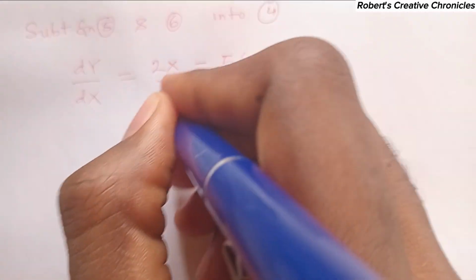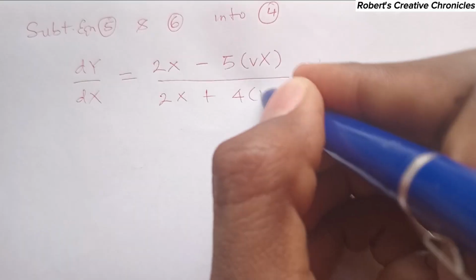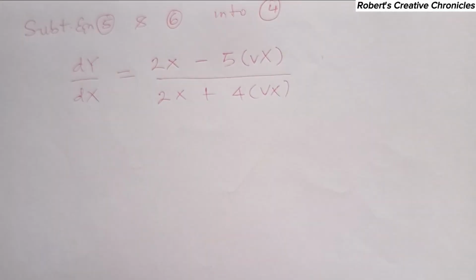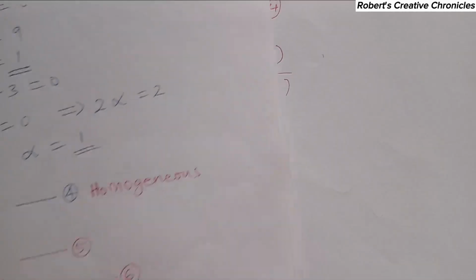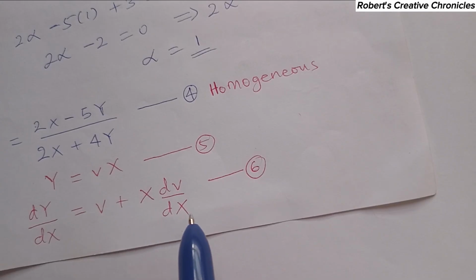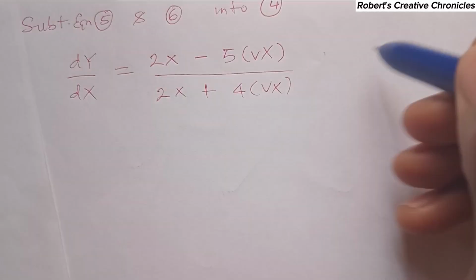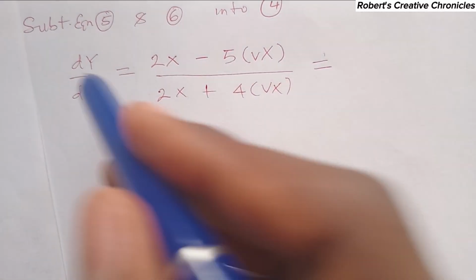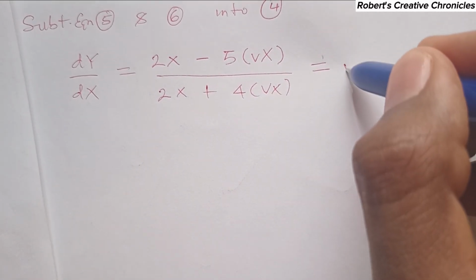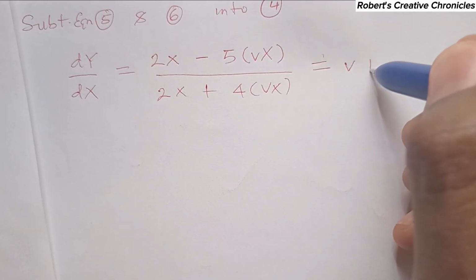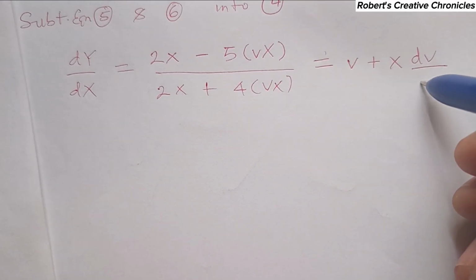So it will be 2x minus 5vx over 2x plus 4vx. Now what is dy dx? Dy dx is v plus x dv over dx. So we'll write it. You can even write it here: dy dx equals v plus x dv over dx.